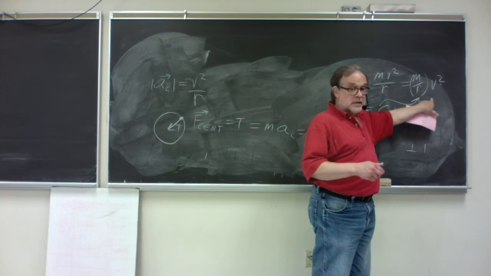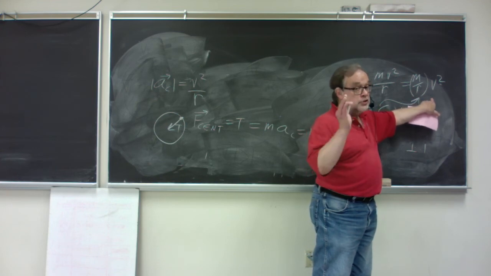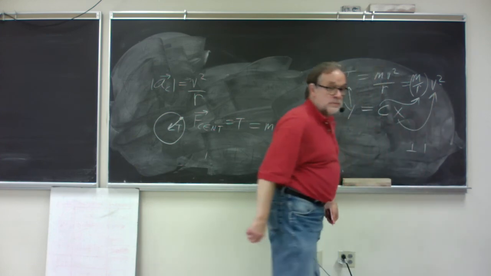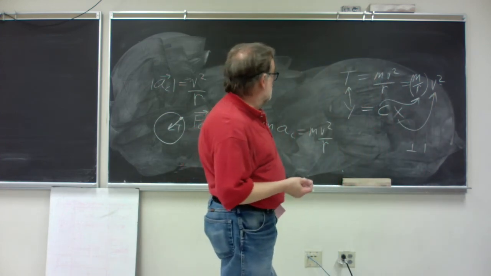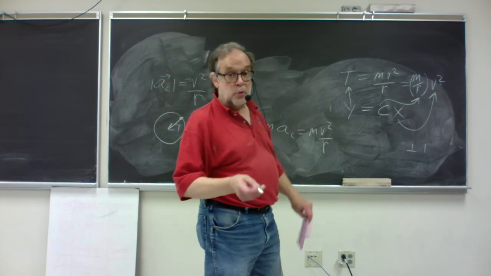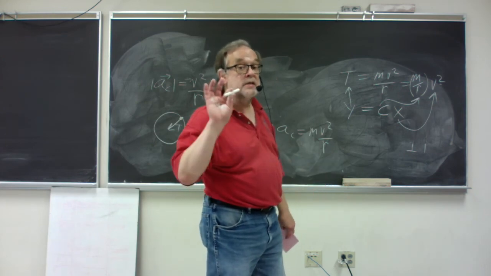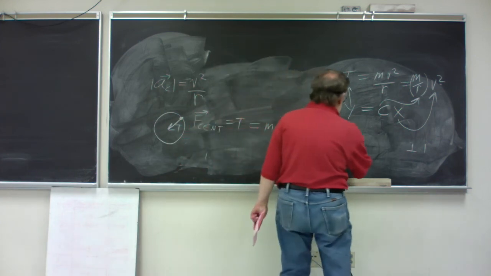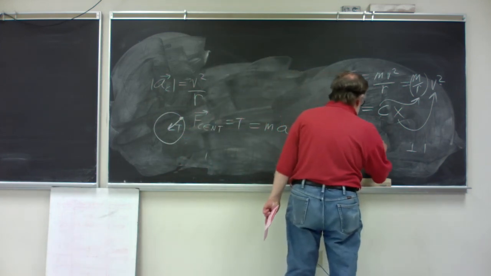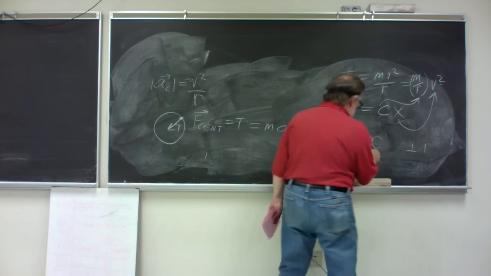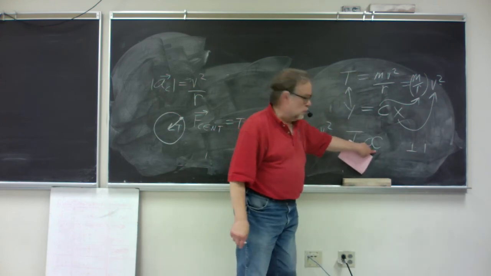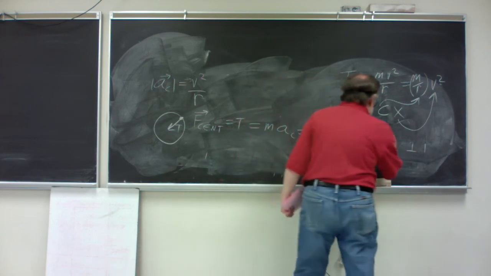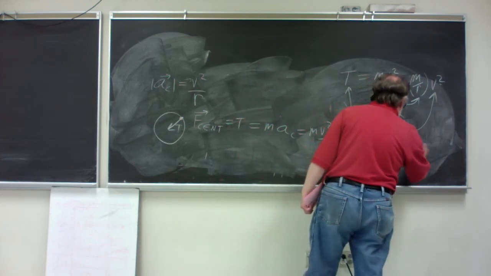Everything that isn't constant is v squared, not just v. X corresponds to v squared. So the two variables that are proportional to each other are tension and speed squared, not speed. And you write it like this: tension is proportional to, remember this is the symbol that is read as is proportional to, v squared.